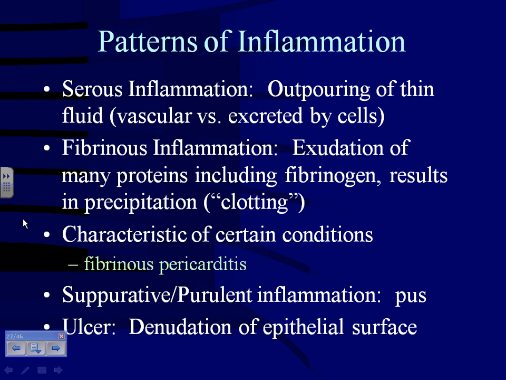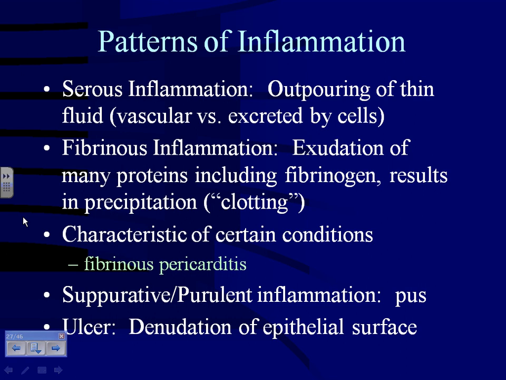You can get what's called a fibrinous pleuritis or pericarditis, which is associated with a lot of clotting. And then one other type is referred to as suppurative or purulent inflammation. This basically refers to an abscess being formed, and you get a lot of pus, and pus is formed of many neutrophils and cellular debris.